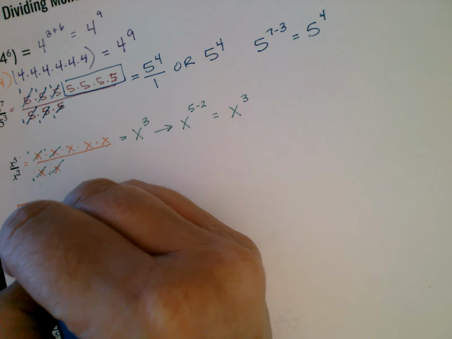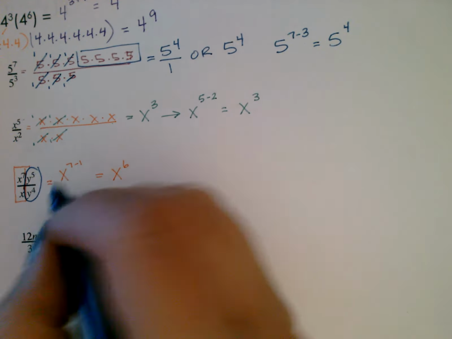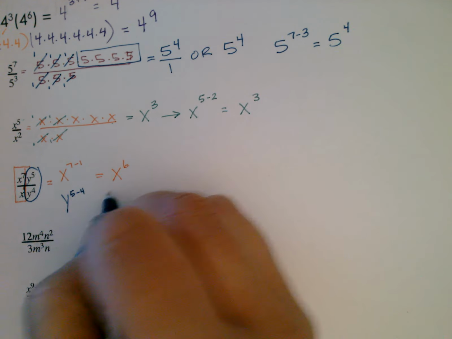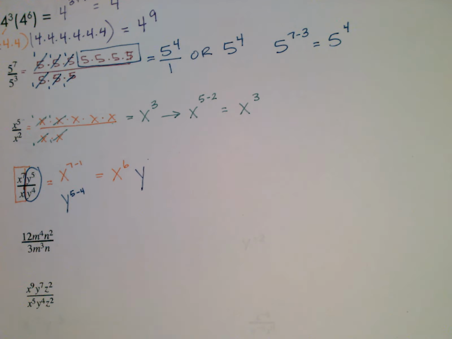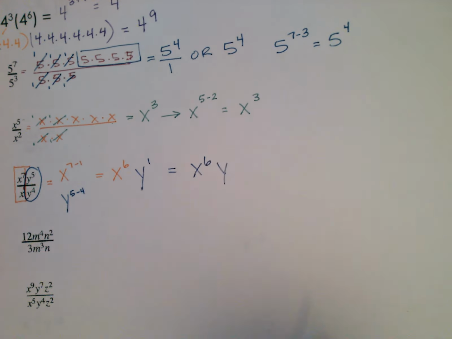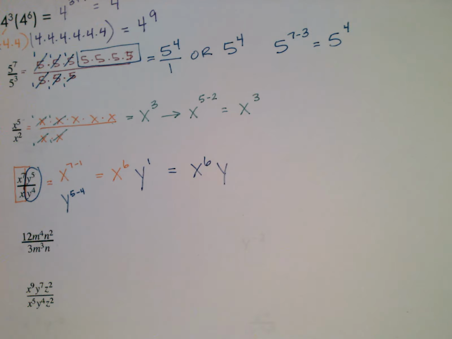Then when I look at the y's, because the bases are the same, I can solve that. I have y to the 5 minus 4, which is y to the 1st power. We are not going to include exponents of 1, so x to the 6th y.